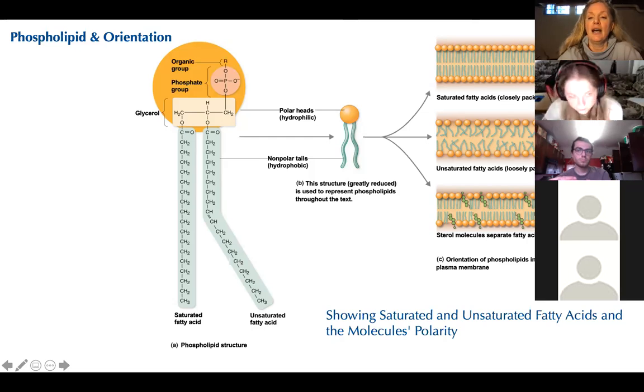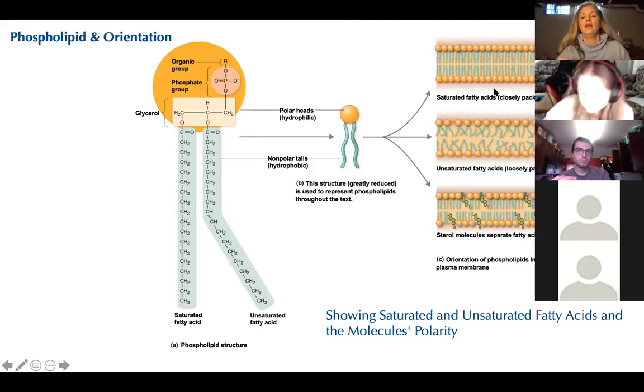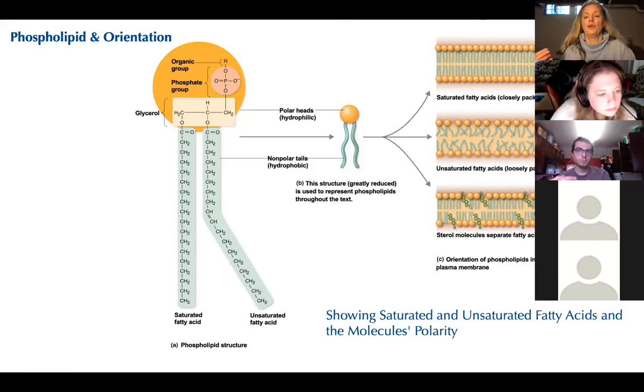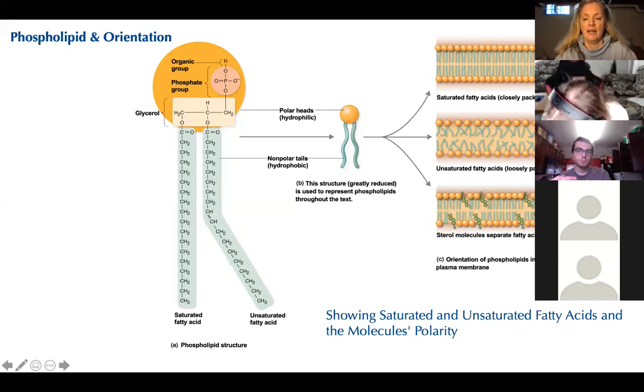And on the outside, facing the external environment, we have our polar heads, but we also have polar heads facing the internal environment of the cytoplasm. And then it's always the complicated thing where we have to get into talking about whether we're going to do active transport, passive transport of what molecules can move in and out of the cell through our phospholipid bilayers.